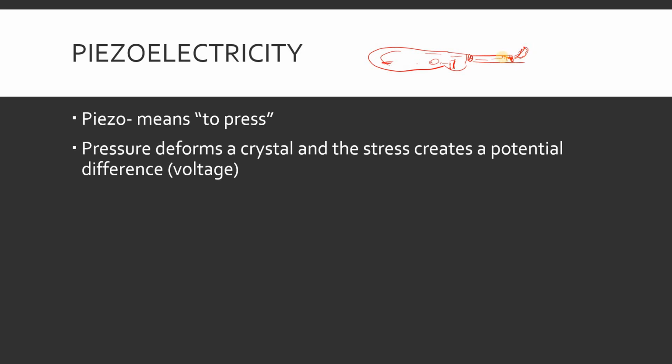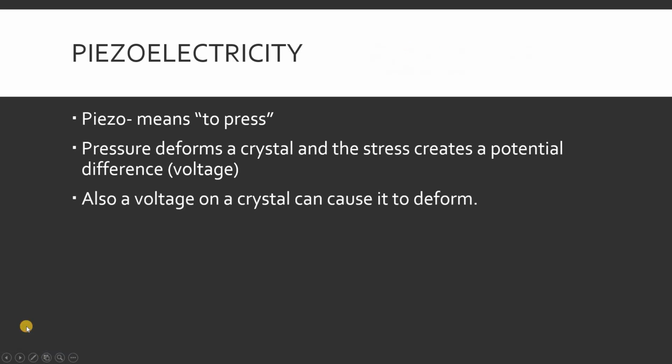Usually there's also a little air intake on the side. Pressure deforms this crystal, and on your grill, when you push in that igniter plug, you also have a spark generated. So a voltage on a crystal can cause it to deform and vice versa.